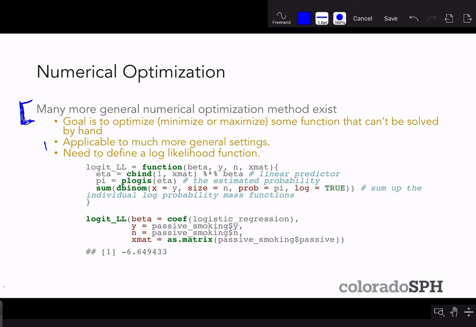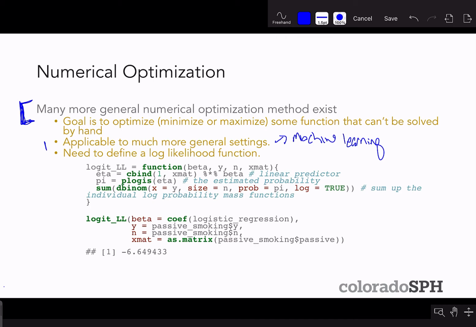In fact, they're used all the time in machine learning to estimate whatever parameters you're trying to estimate, in engineering, in image processing, and there are tons of other examples where numerical optimization comes into play.